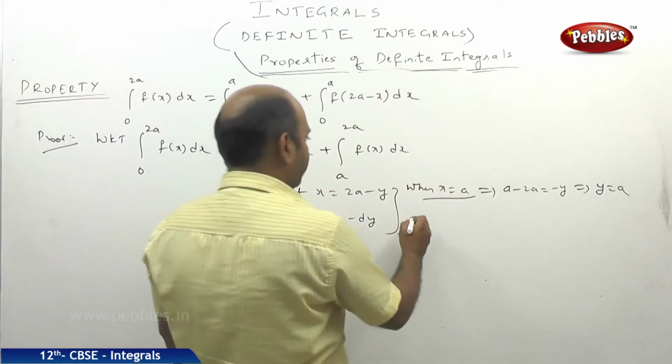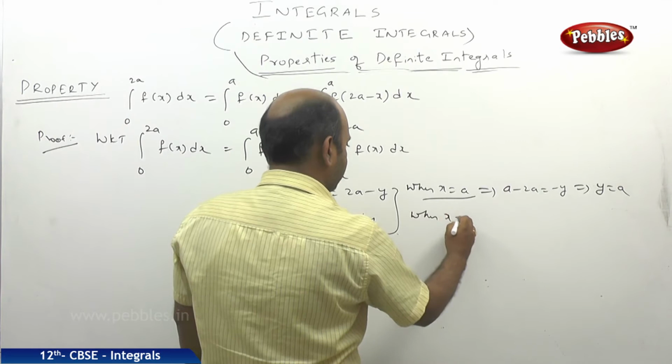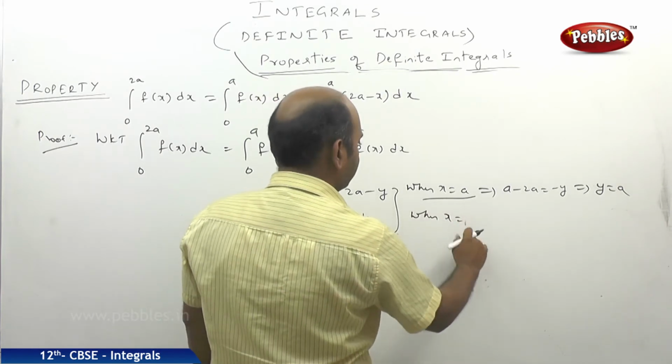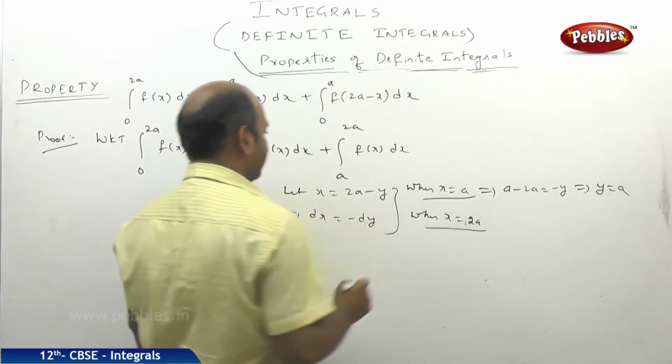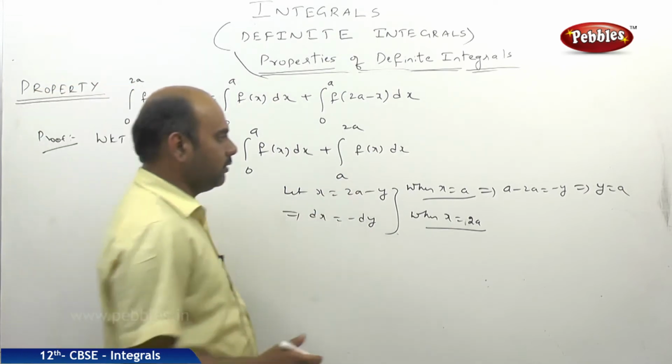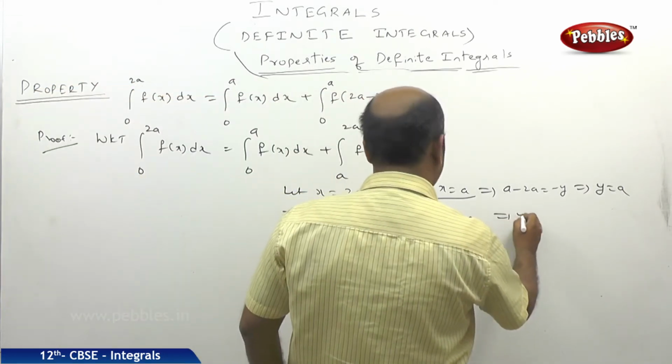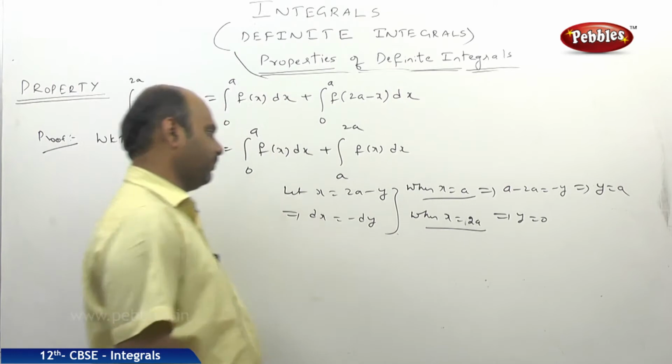Now when I put x is equal to 2a, I think 2a will be getting cancelled. We will be getting y equal to 0.